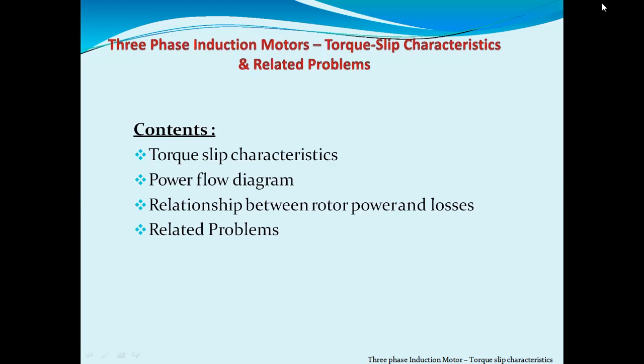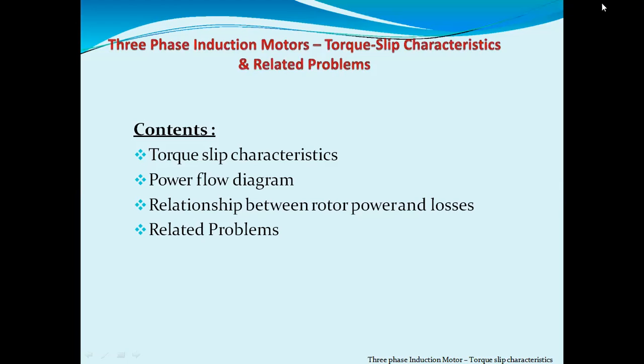It is directly proportional to the flux. This flux is created by the rotor and is responsible for generating the induced EMF. So torque is directly proportional to phi, and also directly proportional to the power factor. We are taking the power factor as cos theta 2.